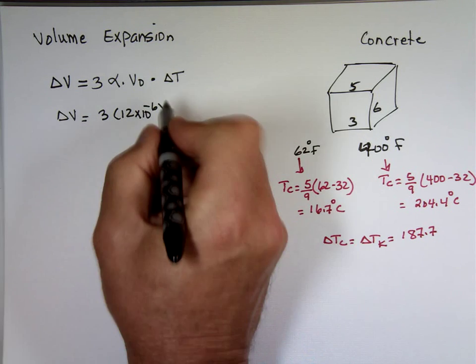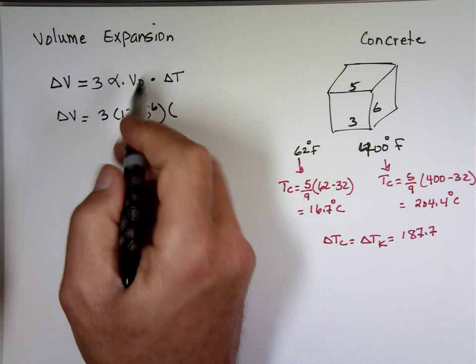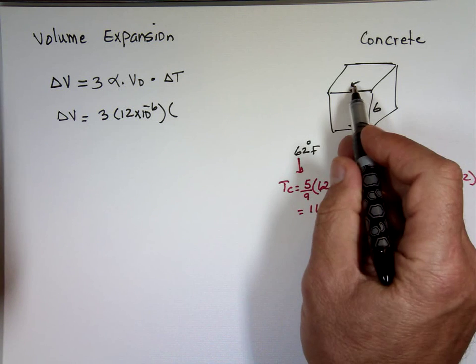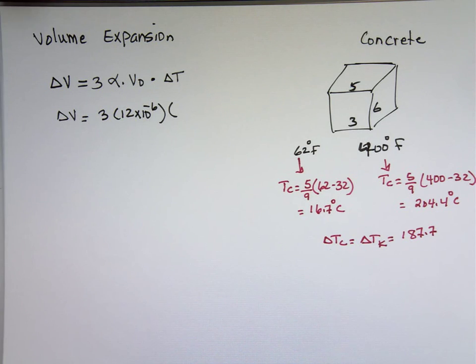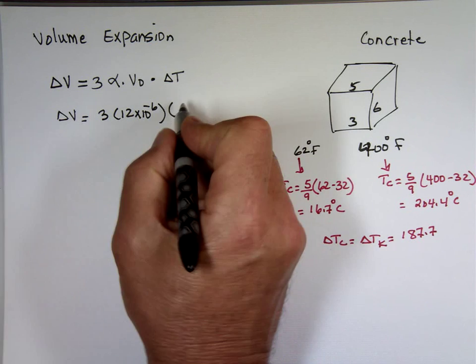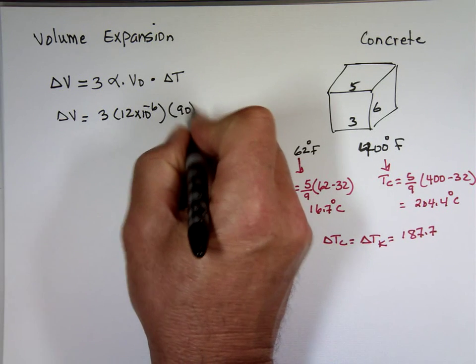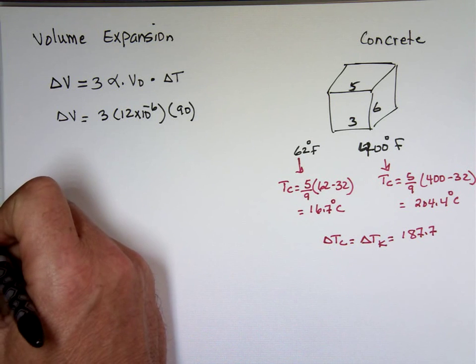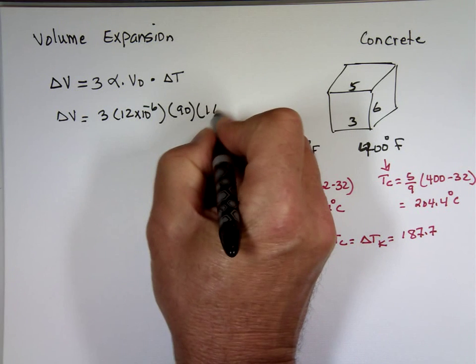The initial volume is 3 times 6 times 5, 18 times 5, 90, times the change in temperature, which is 187.7.